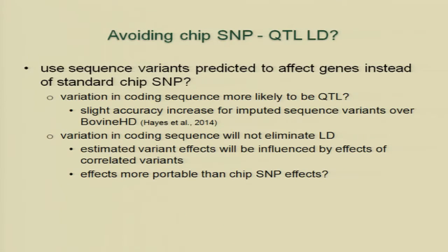In some of the 1000 bull project work, they do get a slight increase in accuracy from imputing to sequence variants over what they get from the HD chip. But that's not going to eliminate all the LD. Using these sequence variants for genomic prediction, they're still correlated with each other, so any effects we estimate will be influenced by correlated variants. But will they be more portable than what we get right now? You don't know.